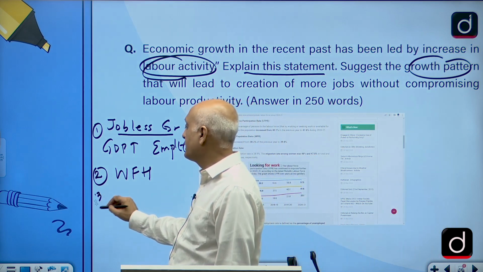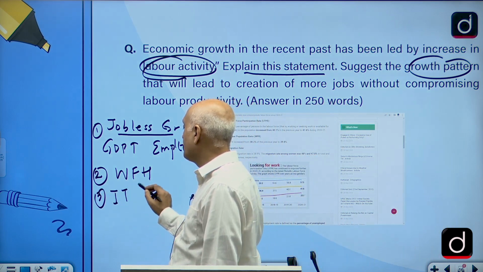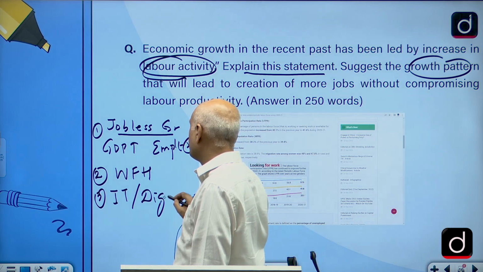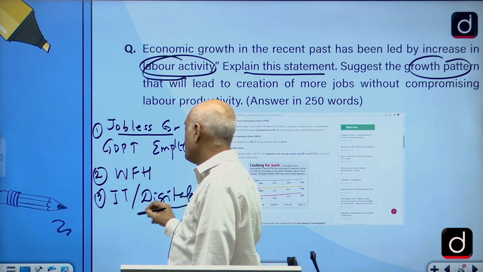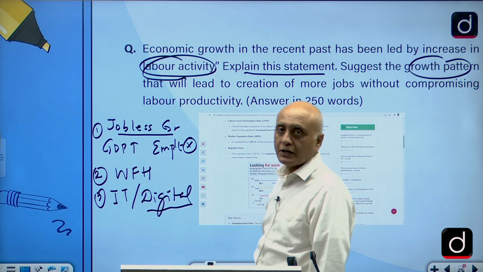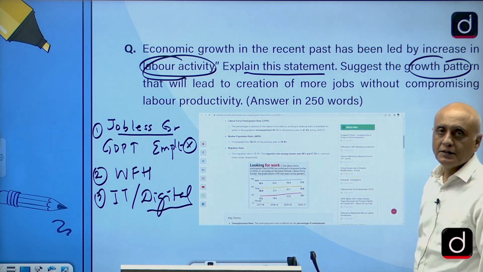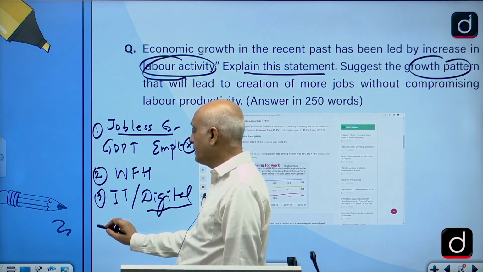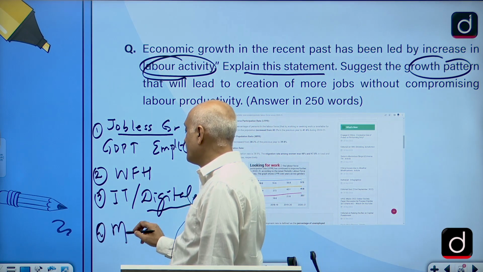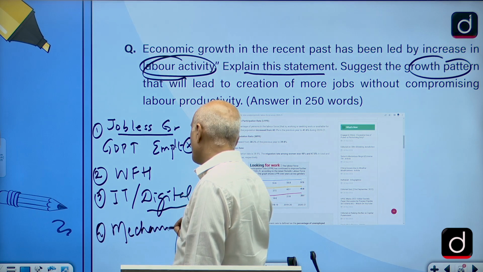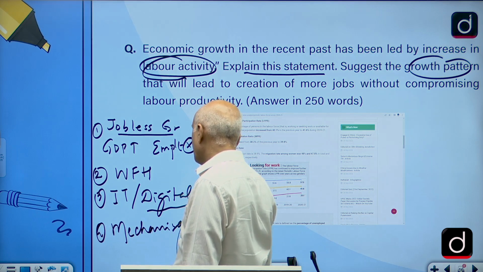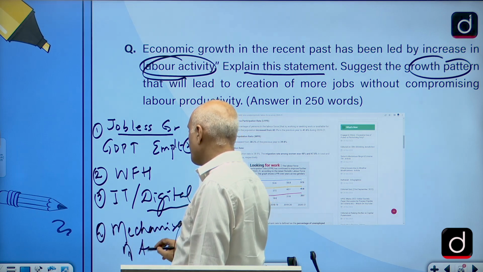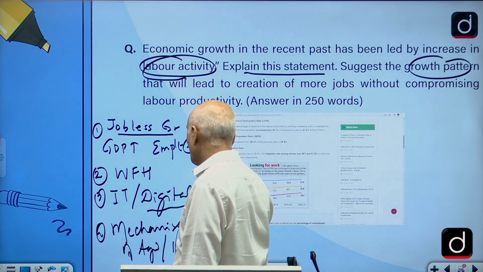Moreover, the IT sector and the digital part of the Indian economy is also improving. A lot of people have started using technology in the last 5 years. Because of this, we have a similar effect to what we have seen in mechanization. You know about mechanization of agriculture and in the small industries.